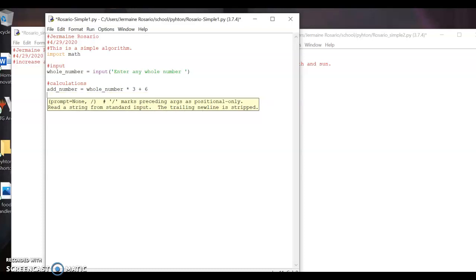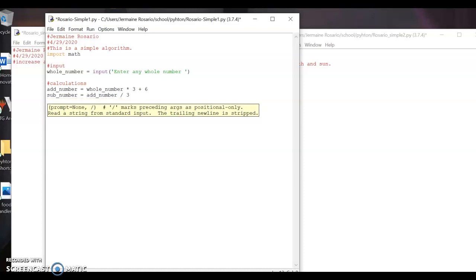And then for the next part of it, I found it easy personally to do this, and you take the added number and divide it by 3.